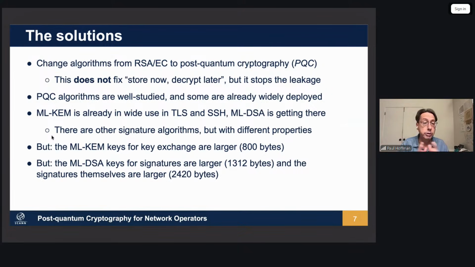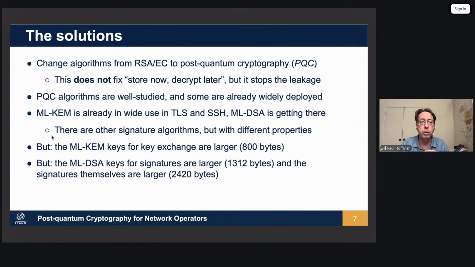So the very good news is these PQC algorithms are ones people have been working on hard for the last 10 years, actually some for 20 years. We've known that quantum computers might come literally since the mid 90s, when people realized this would be really bad for cryptography. People have been a lot more concerned about this in the last 10 years.